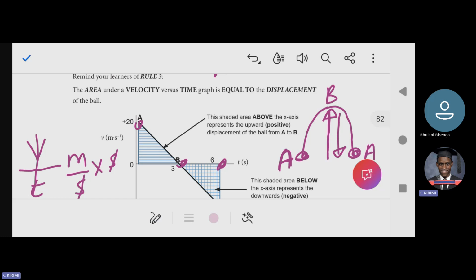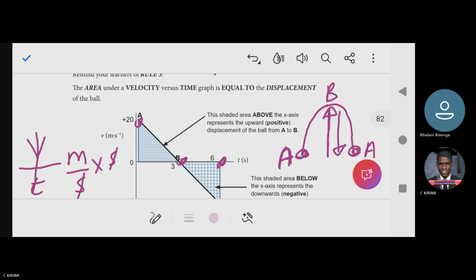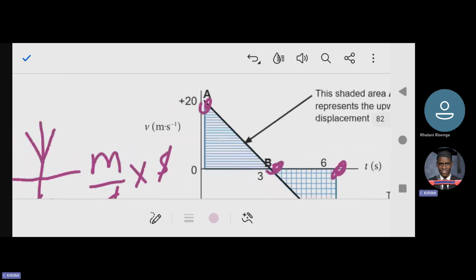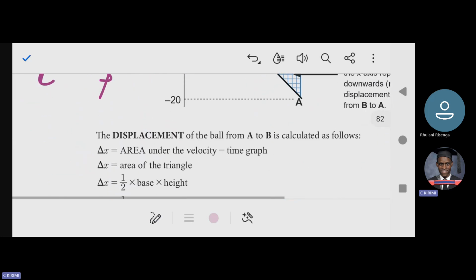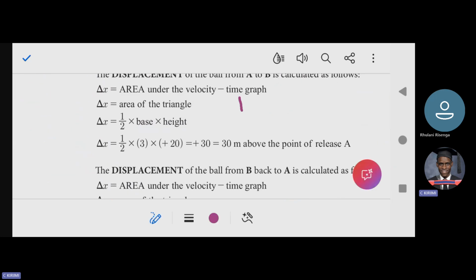But since there are two triangles, they form a rectangle, isn't it? So instead of half base times height times 2, you can just say base times height, the total distance going to and from. Mathematically, the area of a triangle is half base times the perpendicular height.